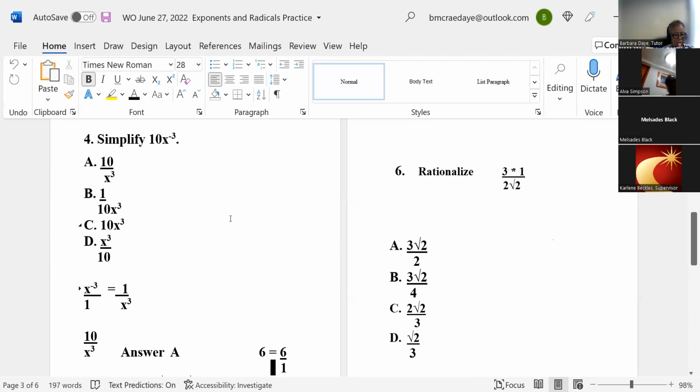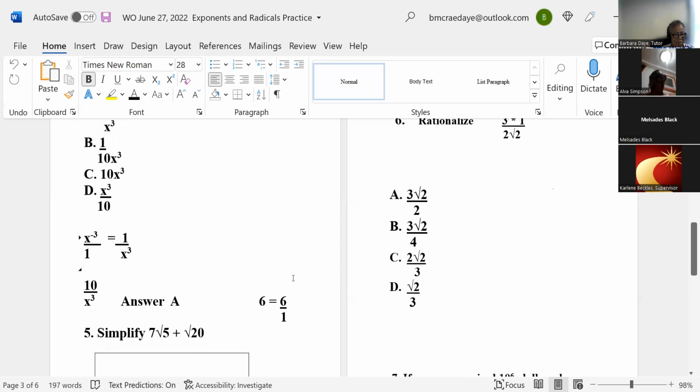Questions on number 4? Mercedes, you have a question? I think I have to do some more of this type to get it in. You mean the negative exponents? All right, well, let me give you another one here.